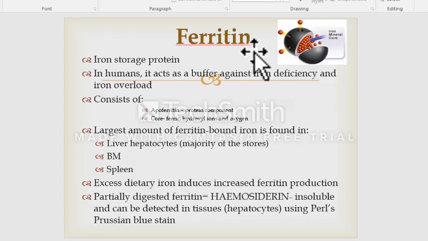Ferritin is insoluble in water. As it is insoluble in water, we cannot observe this form of iron under light microscope.